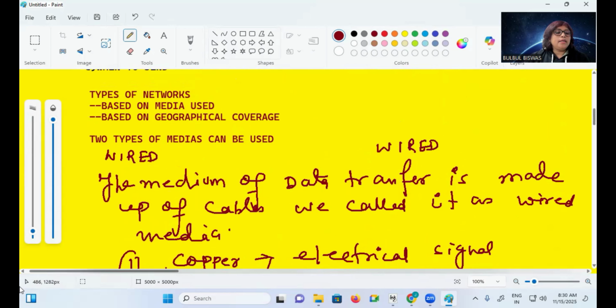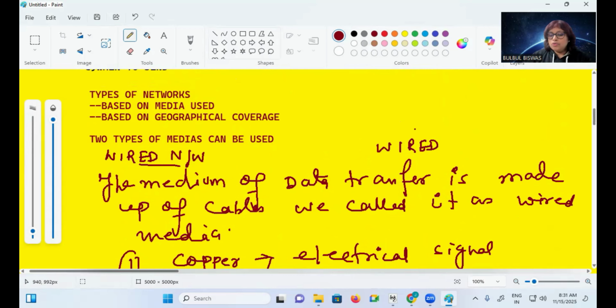So we have seen the types of media used, wired and wireless. When you are using wired media, it is a wired network.